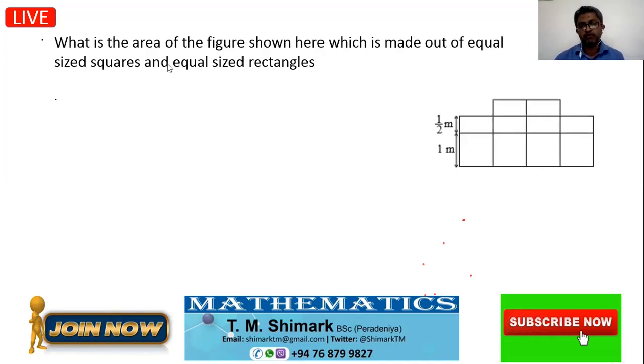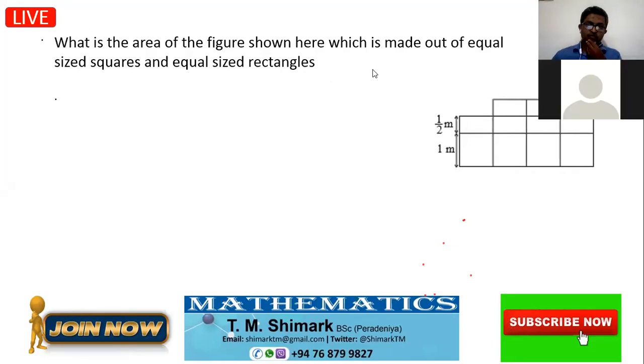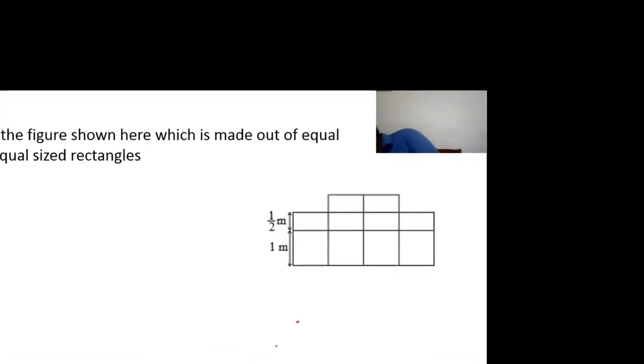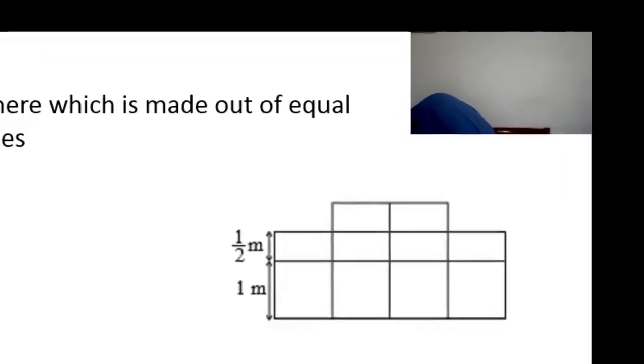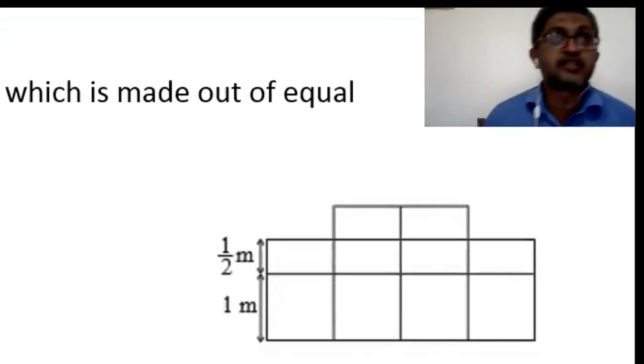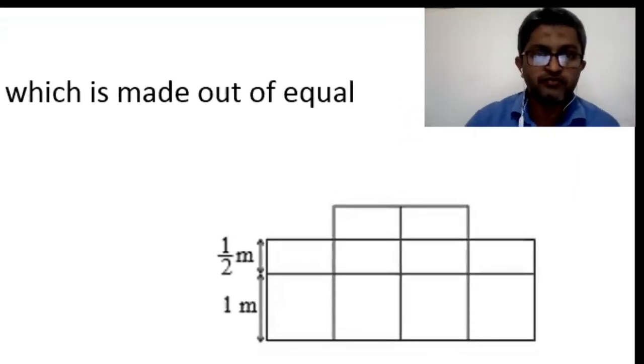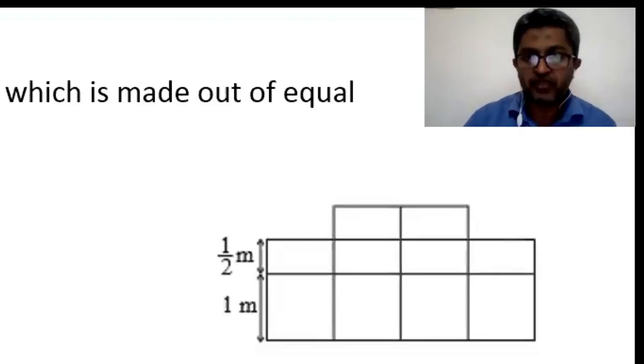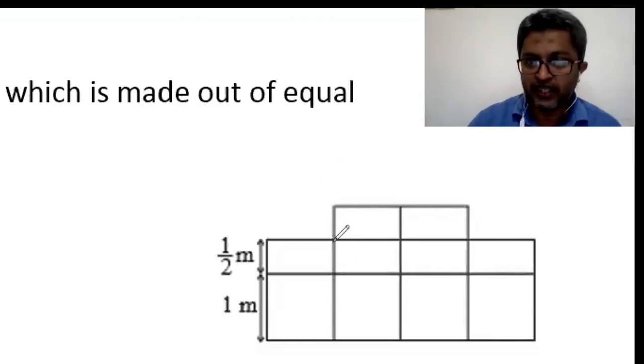In this shape, what is the area of the figure shown here, which is made out of equal sized squares and equal sized rectangles? Can we find out the area? Someone is giving 10 centimeters squared. Someone is saying 7 centimeters squared. Let me check.